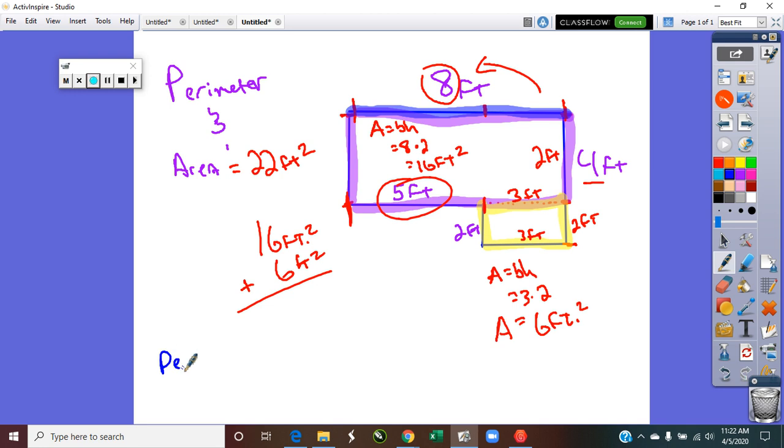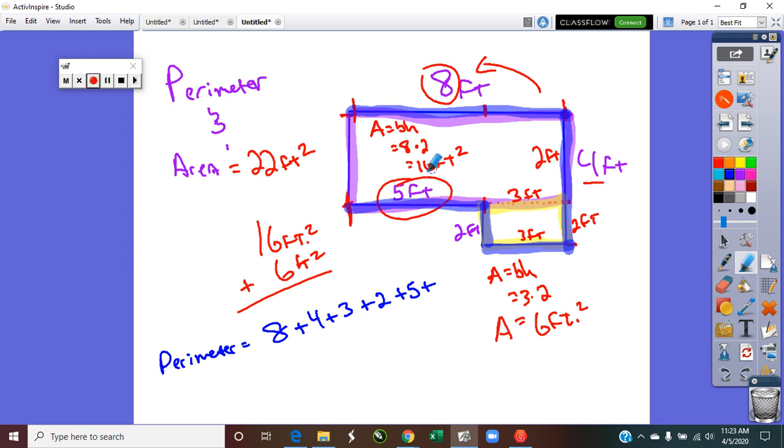Okay, so I'm going to do the perimeter down here. 8 plus from here all the way down to here is what? 4 plus from here to here is 3 plus from here to here 2 plus from here all the way back over here is 5.